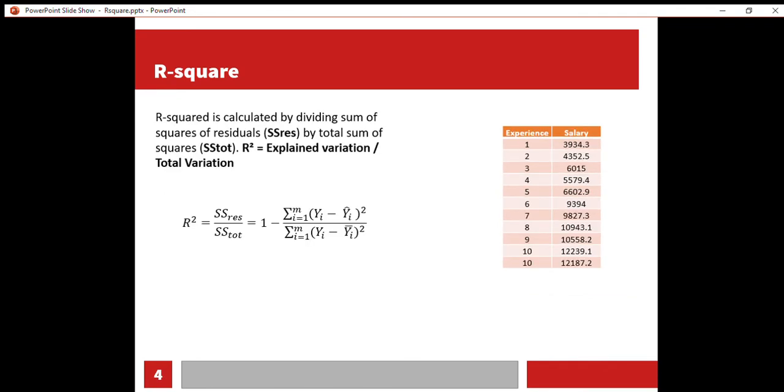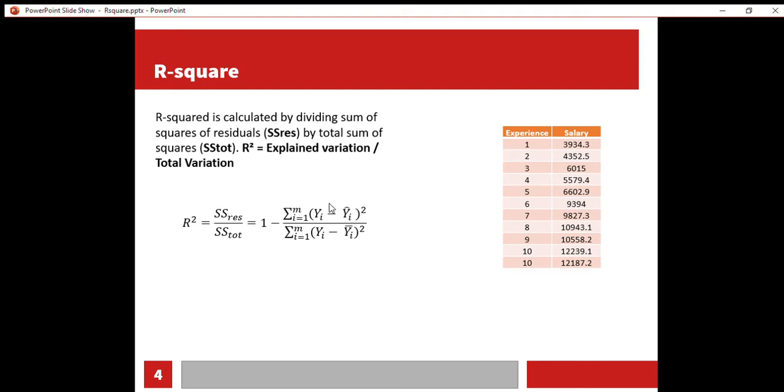So how do we find R square? We can find it with this simple equation. It equals 1 minus the sum of squares of residuals, which means the error of the model. For example, we have this salary and our model tries to predict the salary, y hat.